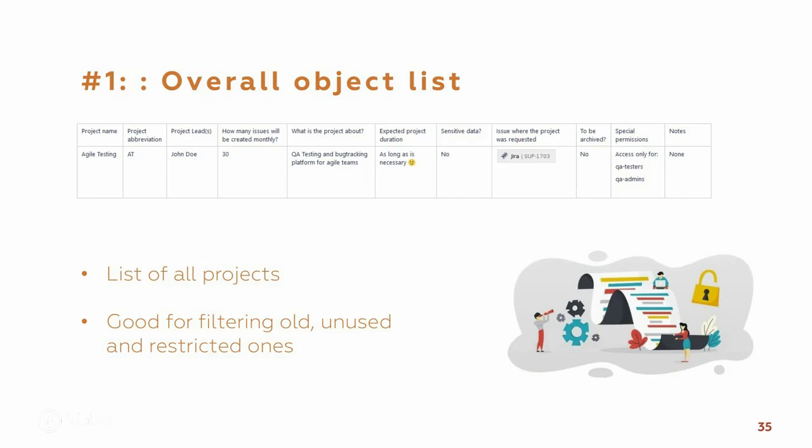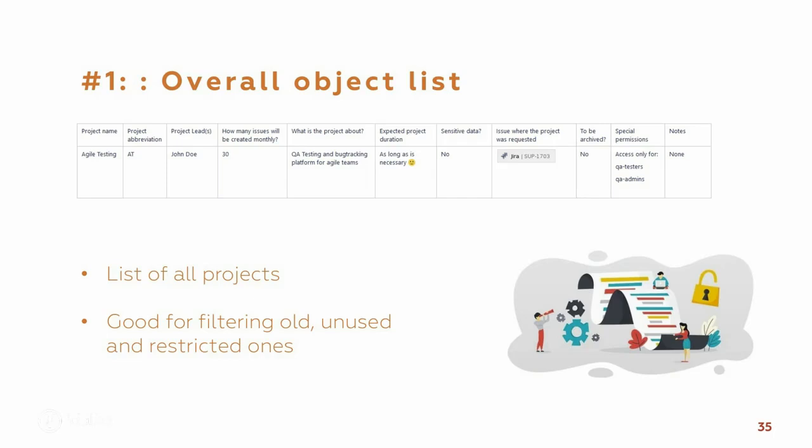What is the project about? Expected project duration is actually interesting to know because when you again do a cleanup, for example, you could read over here if the project is liable for archiving, and you can confirm it with the project lead.